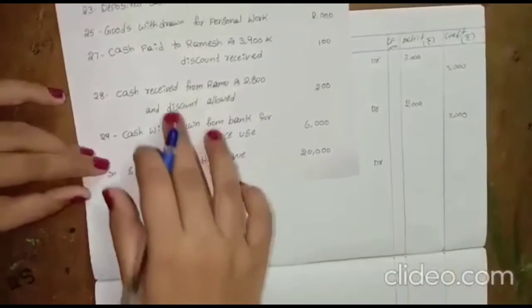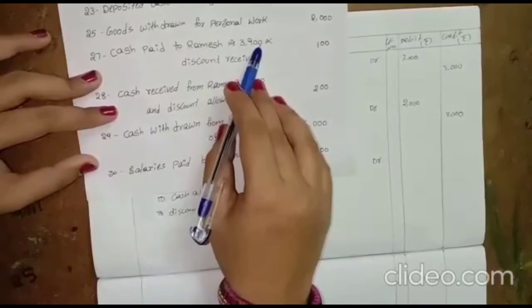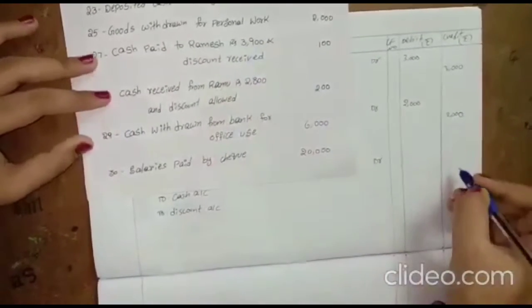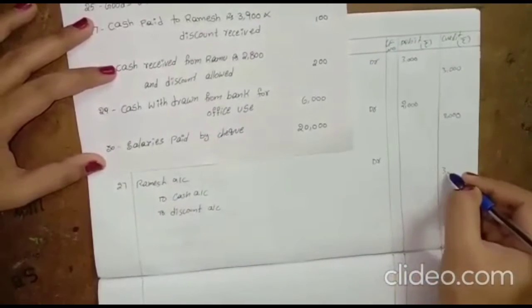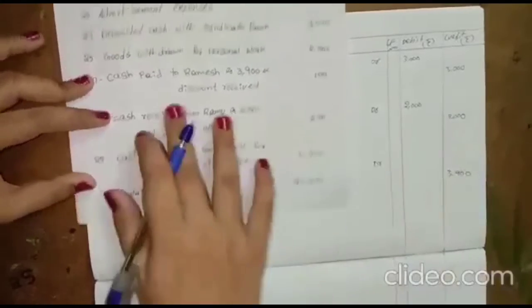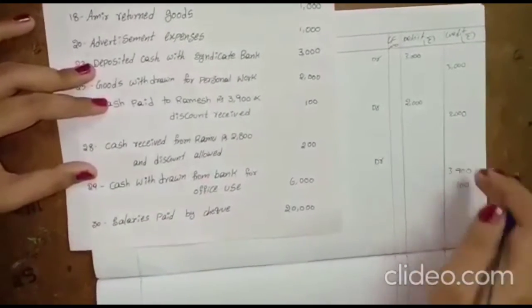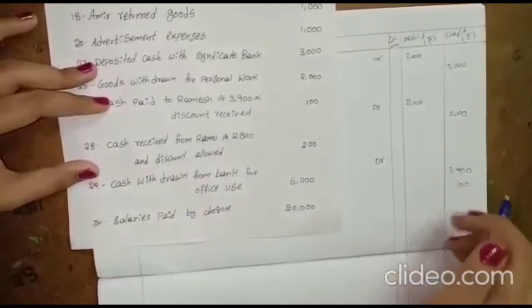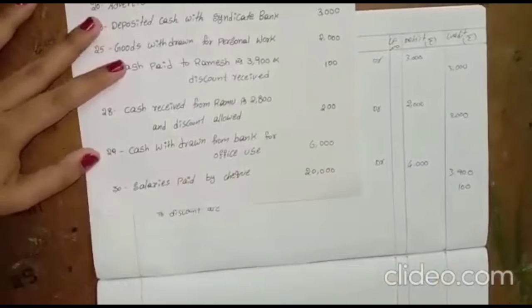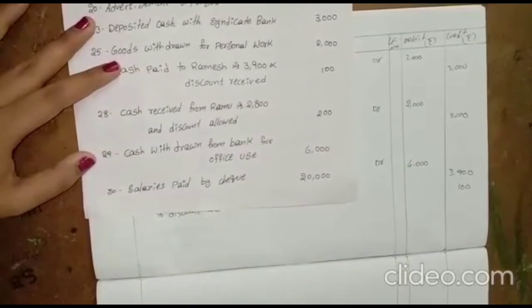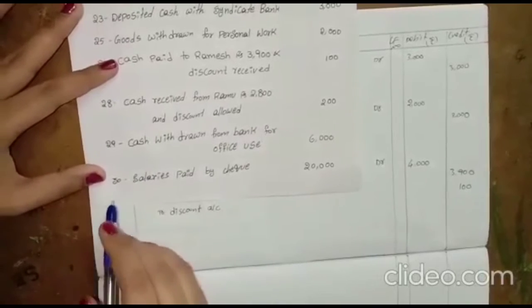See here, we paid the cash 3900, and discount received is 100. So the total is 4000. Every time, the debit and credit should be equal.